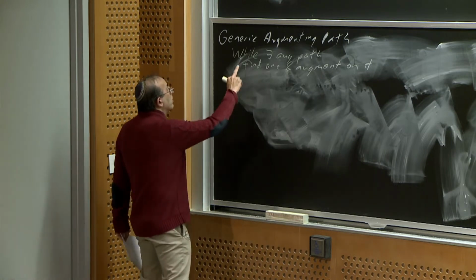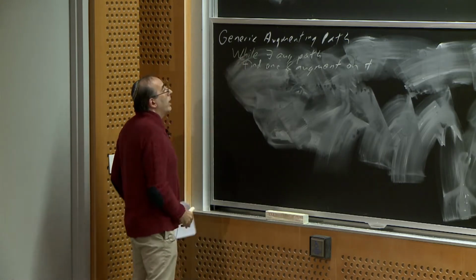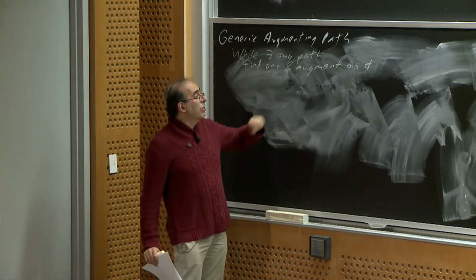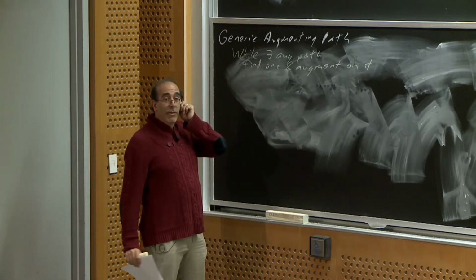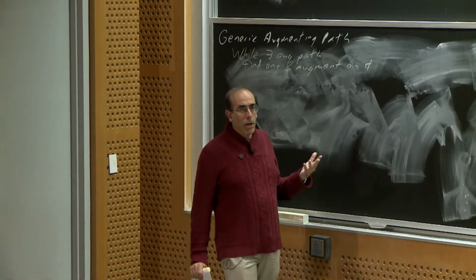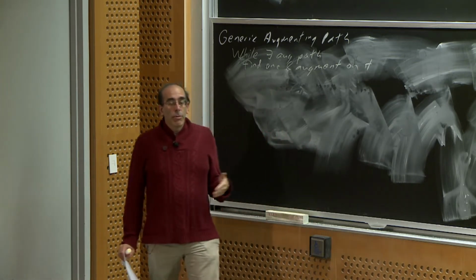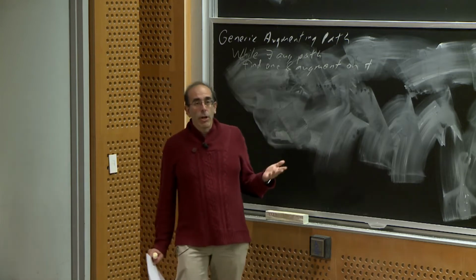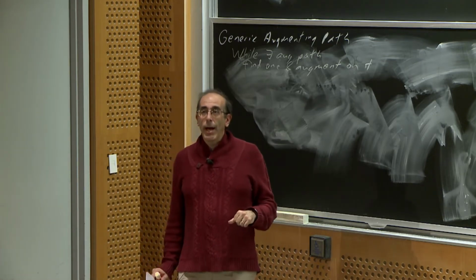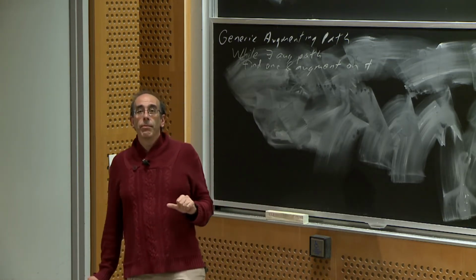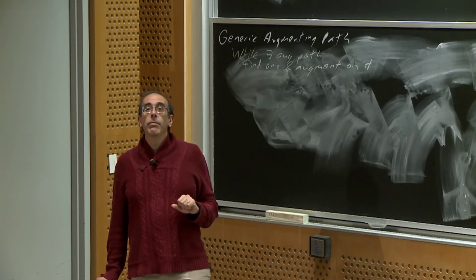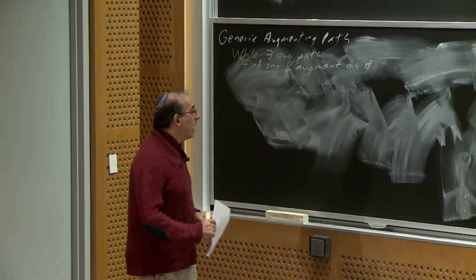There is a trivial point about this. This doesn't say how much you should augment. Obviously, if you found an augmenting path, you might as well augment as much as possible. What's the limiting factor on how much you can augment on a particular augmenting path? Yes? The capacity. Exactly.